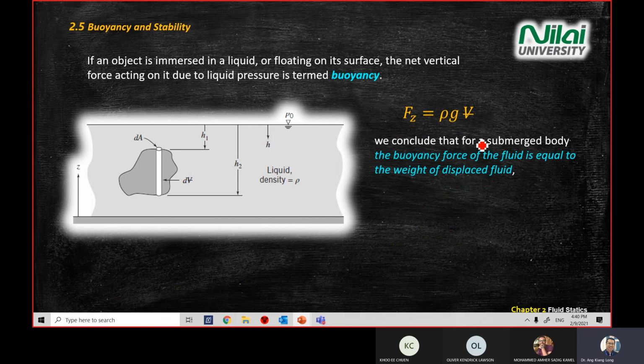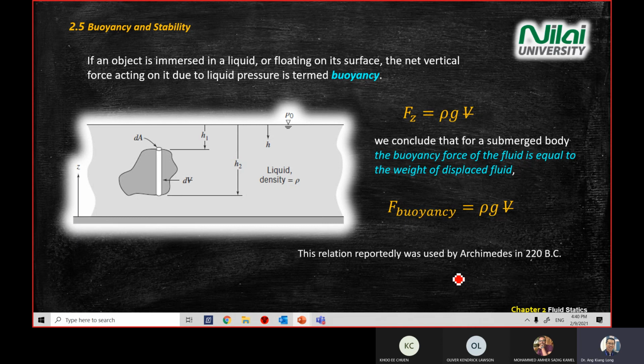Okay, so this is quite straightforward. Rho GV, you can see that this is the buoyancy force, equal to the weight of the displaced fluid. So we can use rho G times volume to calculate the buoyancy force. Quite straightforward.